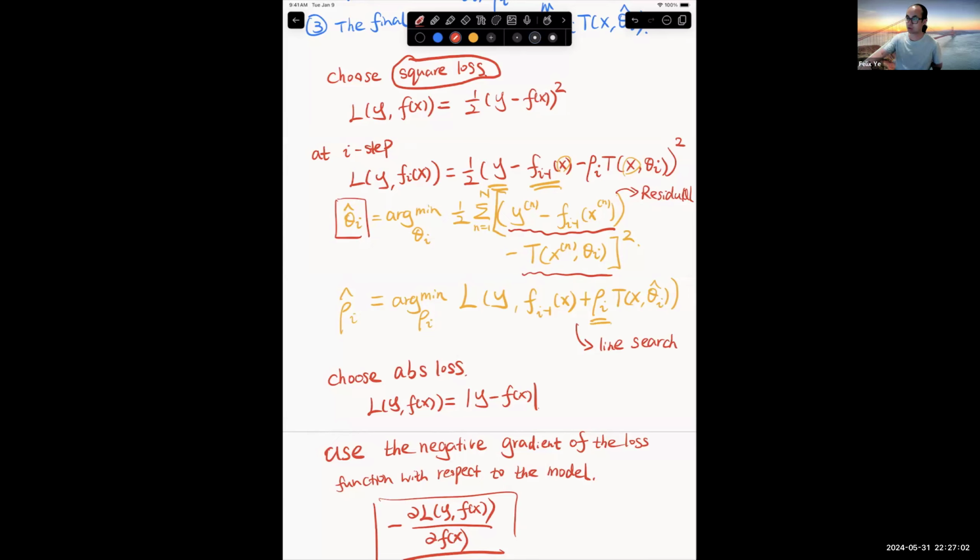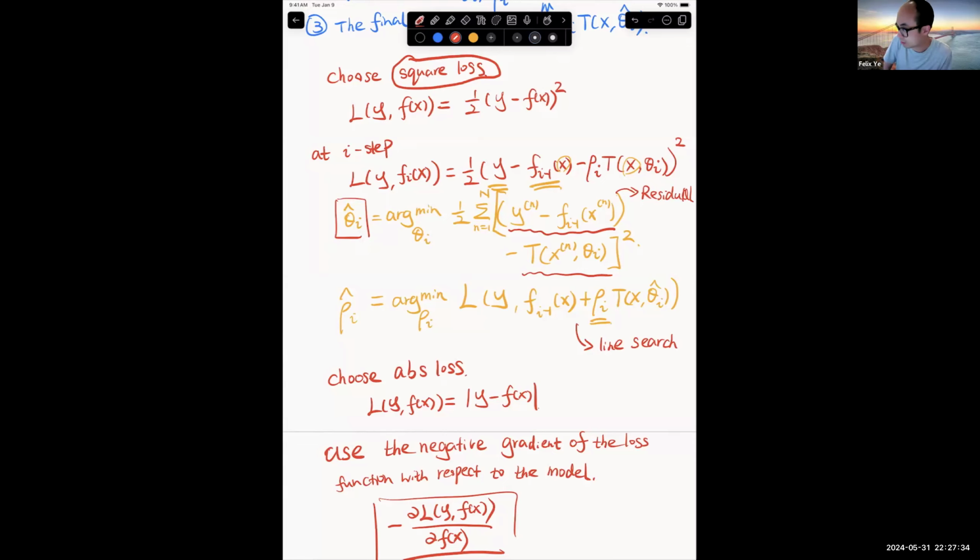However, in boosted trees or gradient boosting, we're trying to focus on the differences between the current model and the target. So basically, we're focusing on the residuals. The training objective for the next round model is to reduce the differences between the model and the target, so we're trying to reduce the residuals.